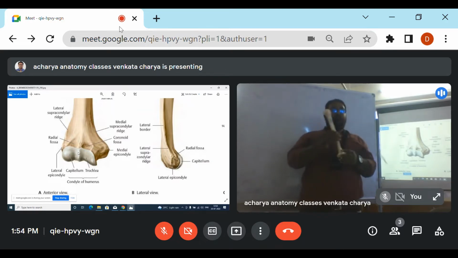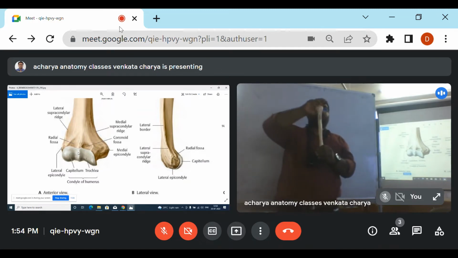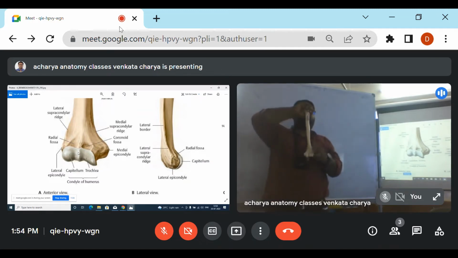Okay, now we discuss the parts of the humerus. It consists of three parts: number one is the upper end, number two is the lower end, and number three is the shaft. First we discuss the upper end.